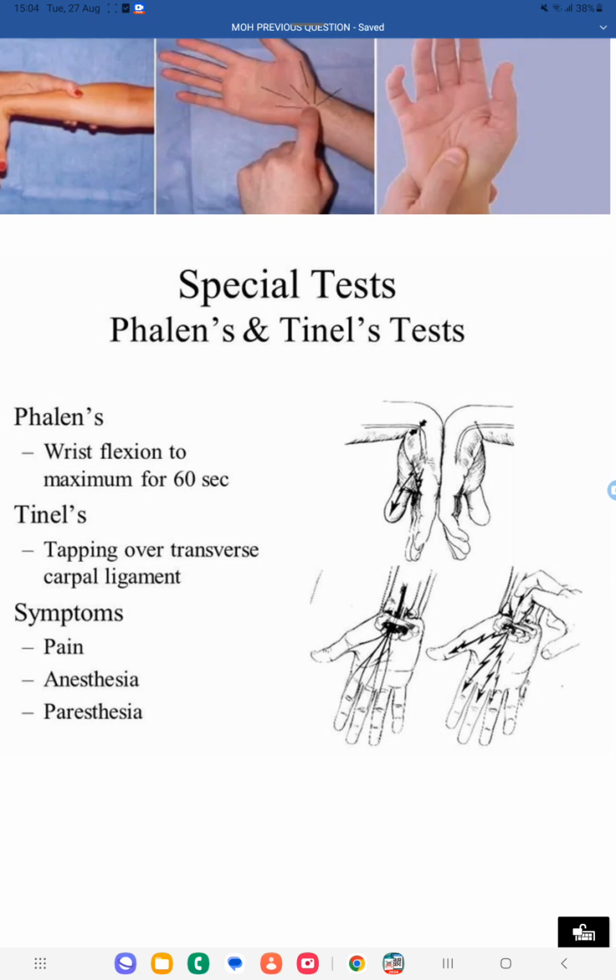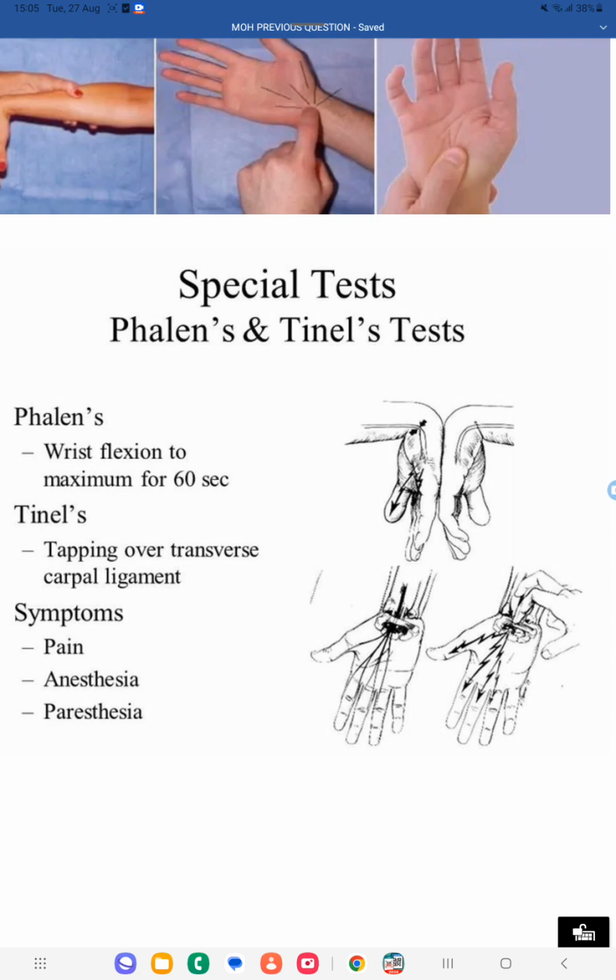You have to do the flexion like this, on both joints, and keep it for 1 minute. If the patient is suffering with carpal tunnel syndrome, suddenly in the thumb, index finger, and middle finger they will get pain, paresthesia, numbness, or such symptoms. Then we can tell that Phalen's test is positive.